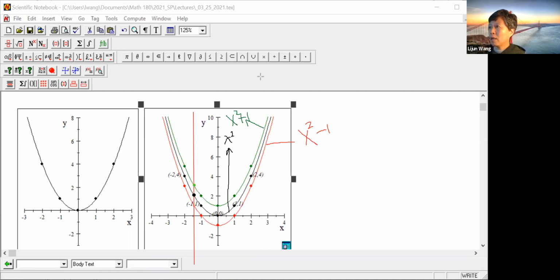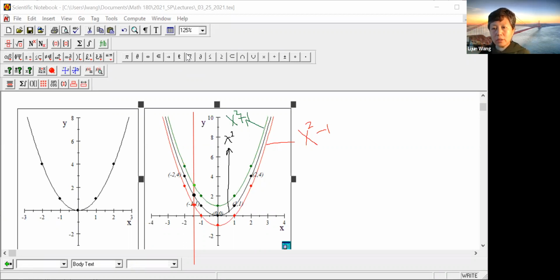And one more point is on the red. What is the vertical distance between these 3 points? They are 1 unit. That's the adding 1, subtracting 1. Do you follow me?